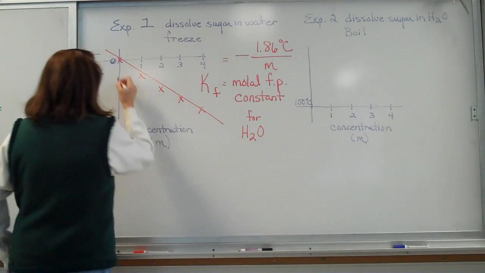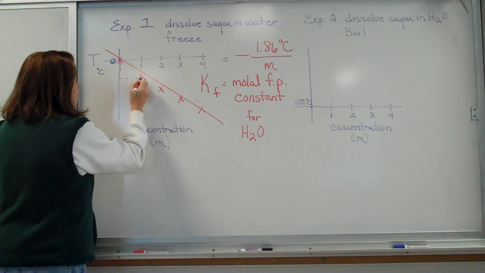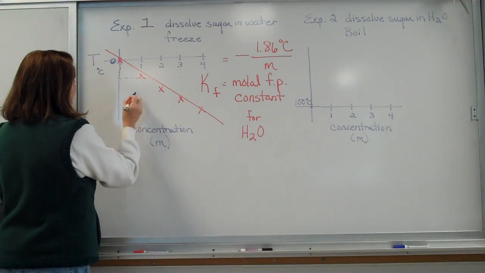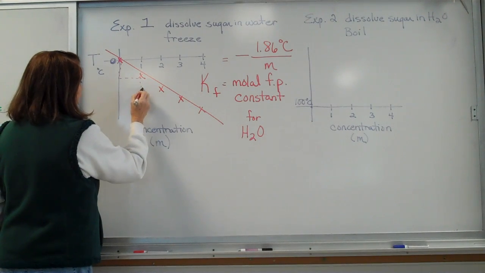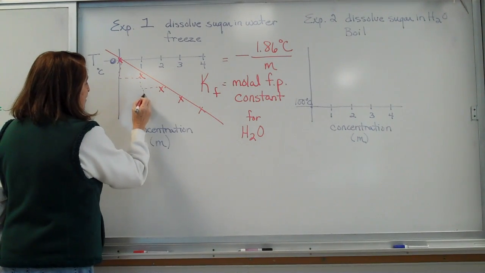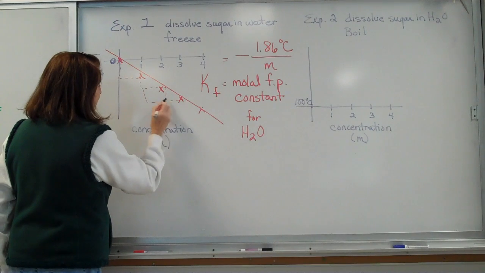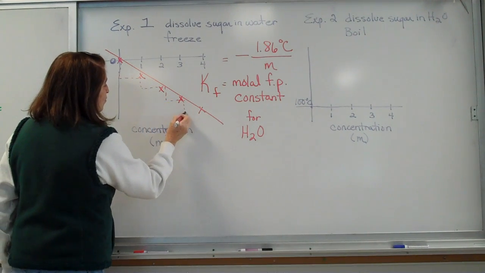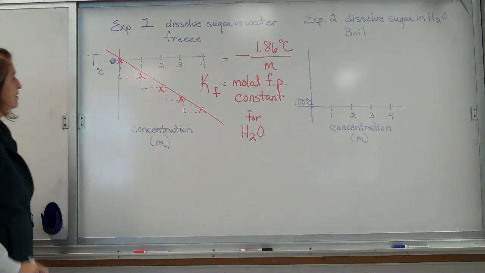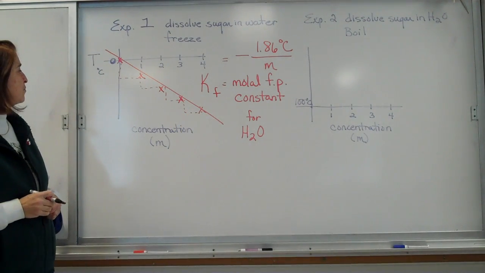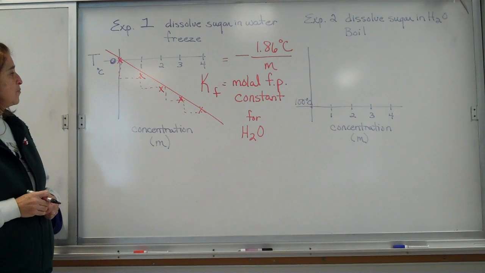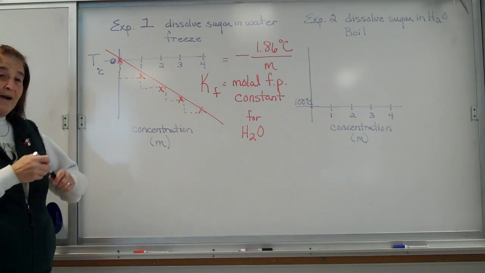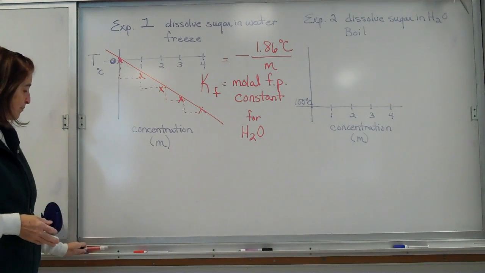In other words, for every 1 molal of concentration, the freezing point is going to be lowered 1.86 degrees, a constant value. All right, that is one number we need.